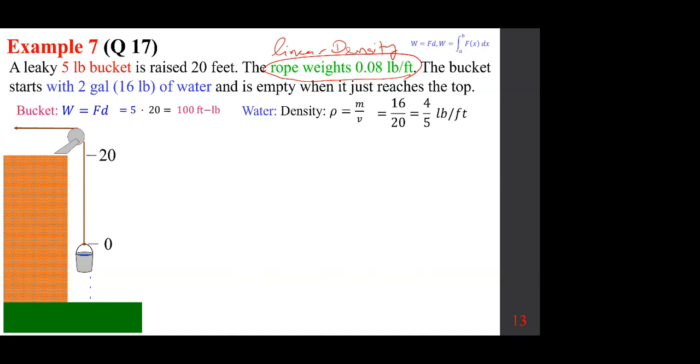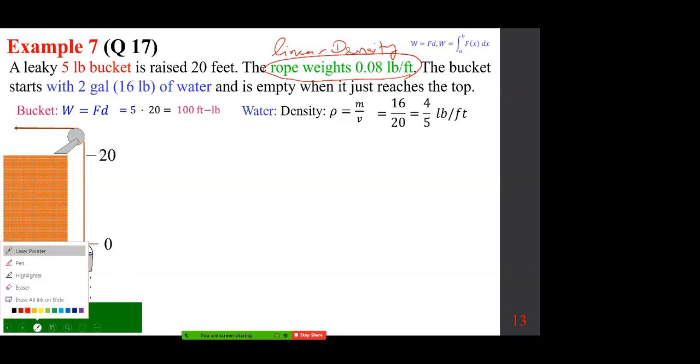The whole weight of the water is 16 pounds. And again, we are looking at linear. So you really want to think about this as L, and this is the linear density, okay?